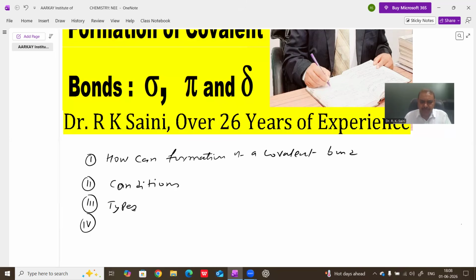Then I will explain types of covalent bond, and then explain relative strength. Relative strength means bond strength of covalent bond.